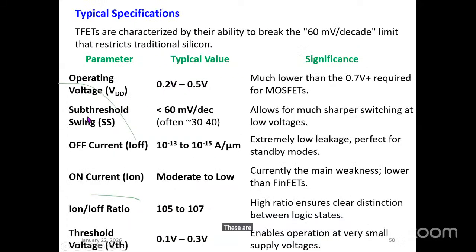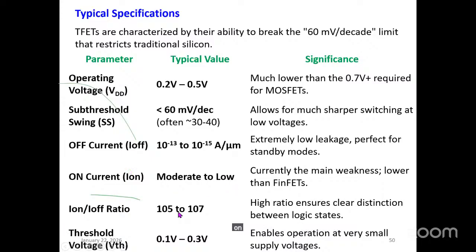These are its typical specifications. Look here, VDD is 0.2 to 0.5 volt. The subthreshold swing is quite a good value, less than 60. The off current is less than 1 picoampere per micrometer, ranging down to 1 femtoampere per micron.